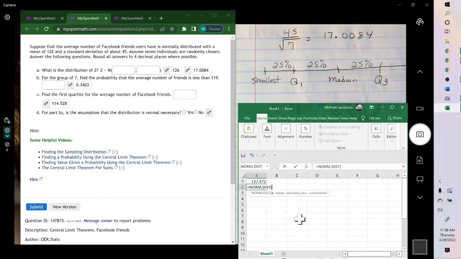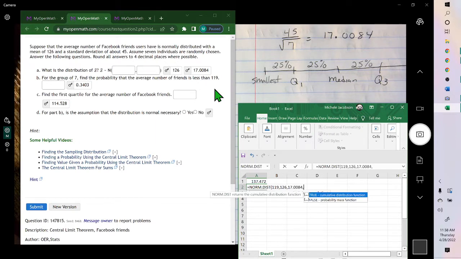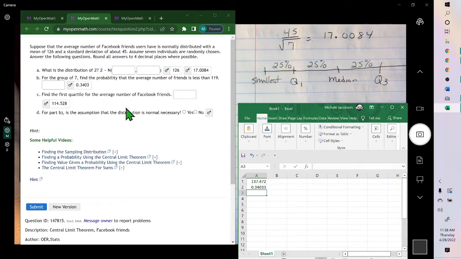We want less than 119. So it's 119, comma, your mean 126, comma, your group standard deviation 17.0084. Cumulative is 1, and hit enter. And there you go, 0.3403.